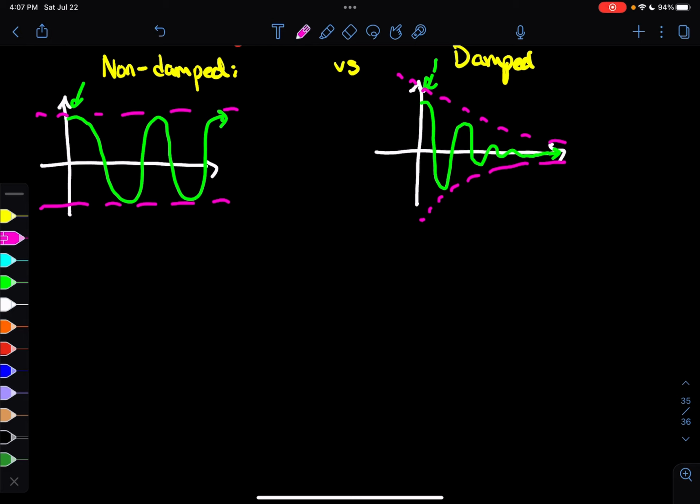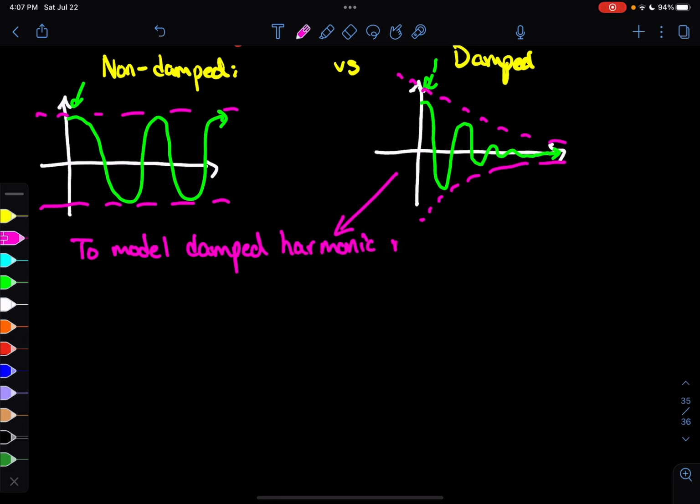And so the idea is, to model damped harmonic motion, let's start with cosine. Cosine's a good one.